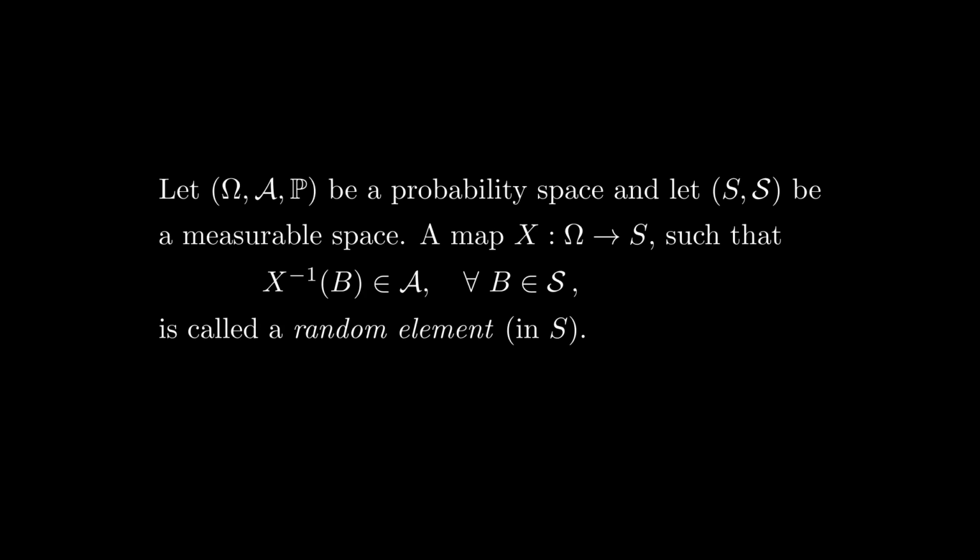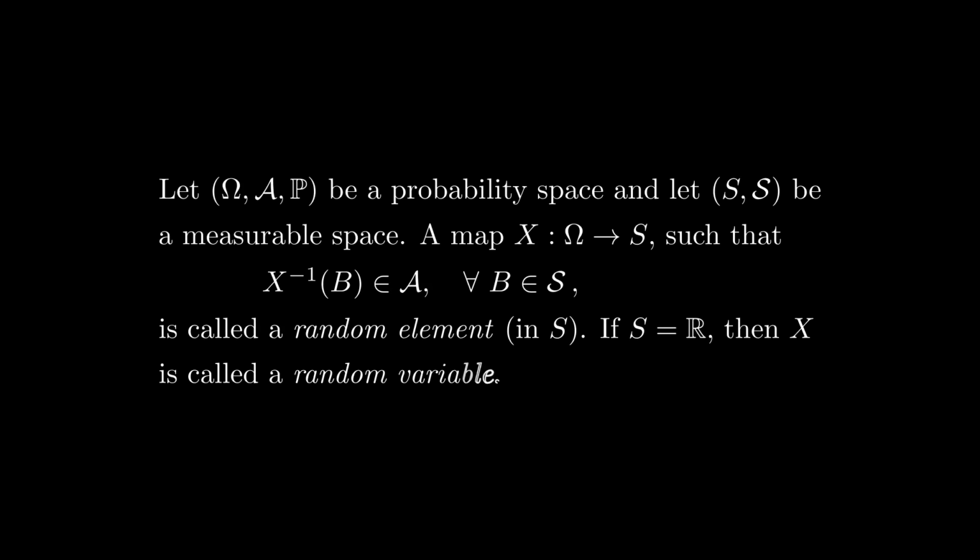Formally, given a probability space (omega, A, P) and a measurable space S with sigma algebra calligraphic S, a map X from omega to S with the property that for every measurable set in S, the pre-image under X is a measurable set in omega, is called a random element in S, simply because each realization of X is exactly that, a random element in S. And if S is given by the real numbers, then X is called a random variable.